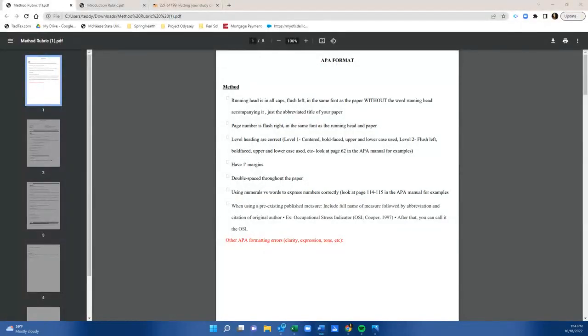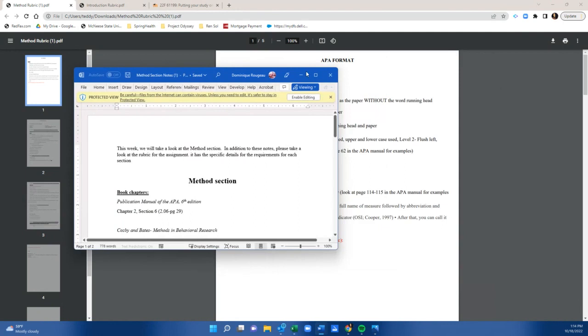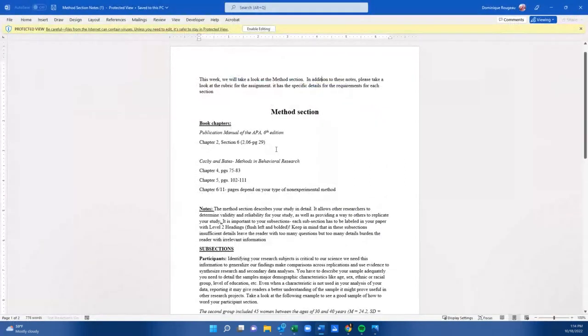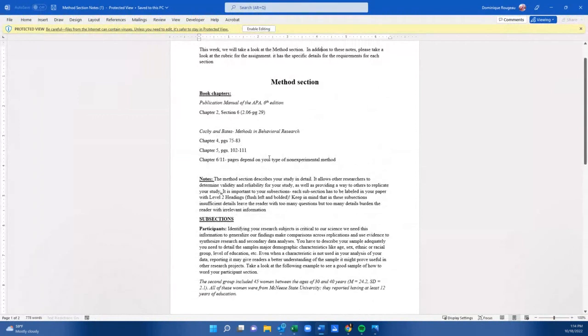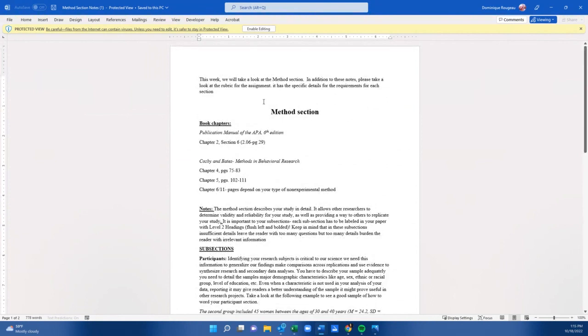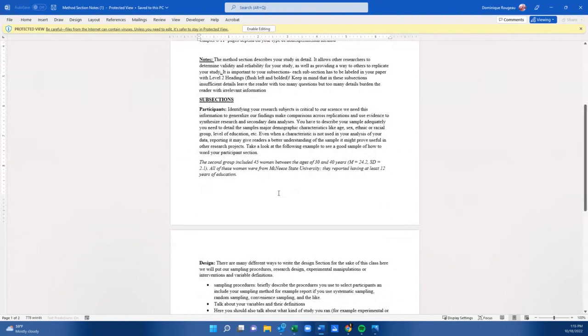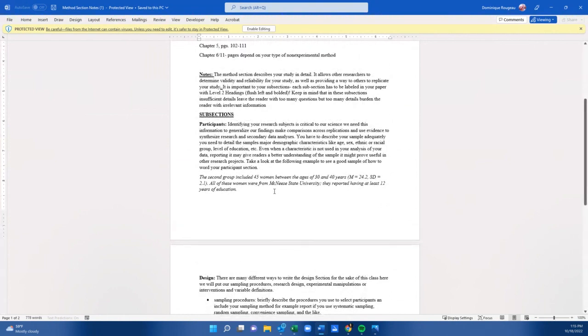Moving on to the method section. This is what I actually asked you to write first, just because you needed to include it in your IRB. But the method section does come after the introduction. In the method section, you are essentially just breaking down what you did for your study, from the details of the participants to the research design to your ethics to everything.